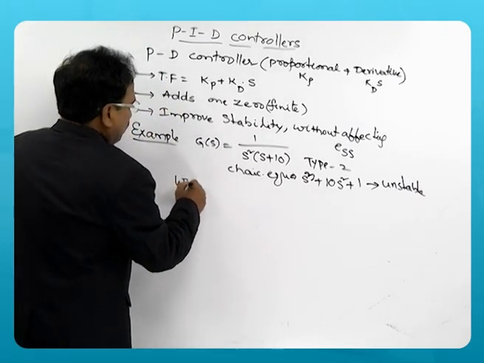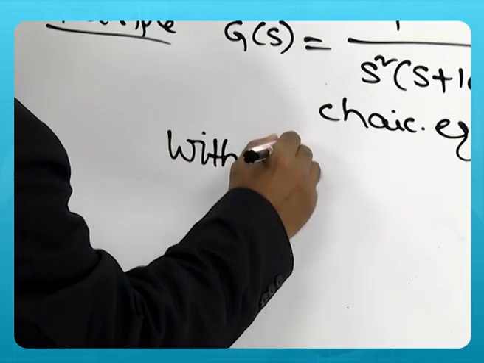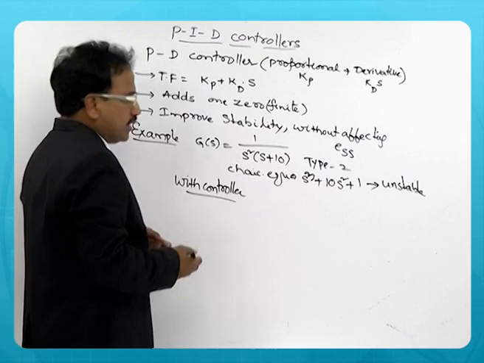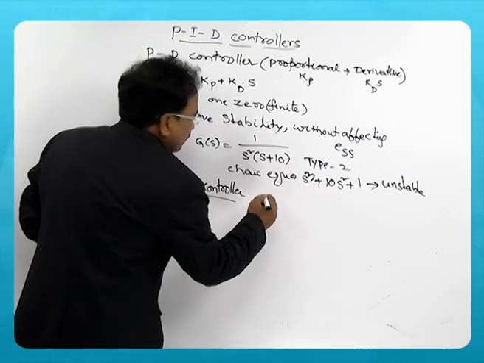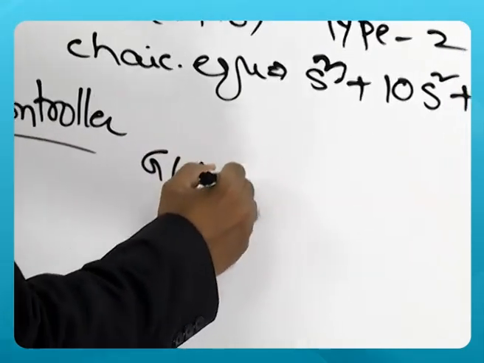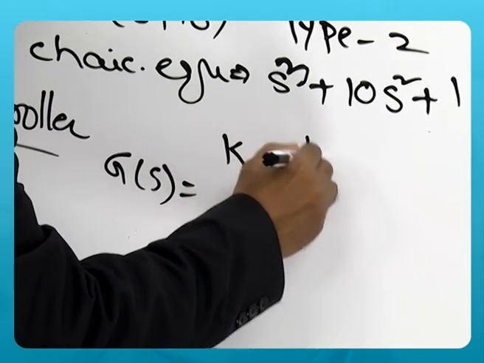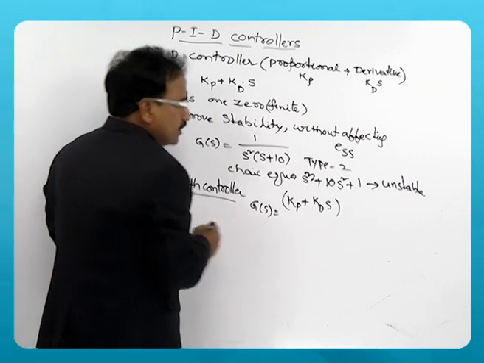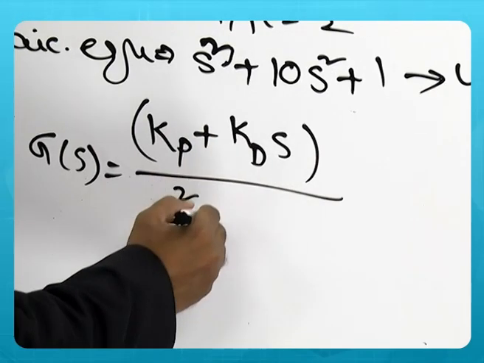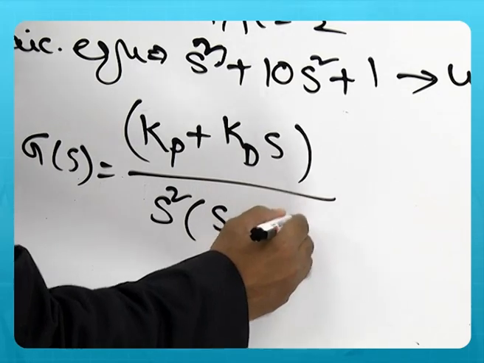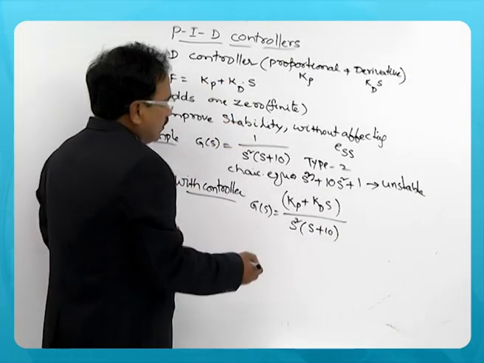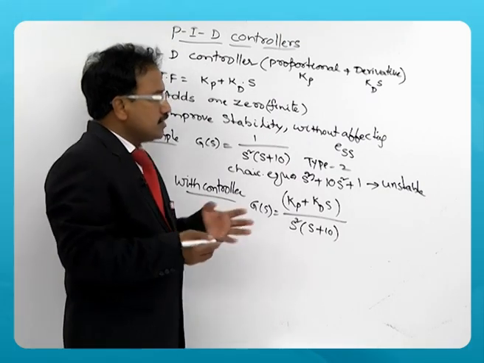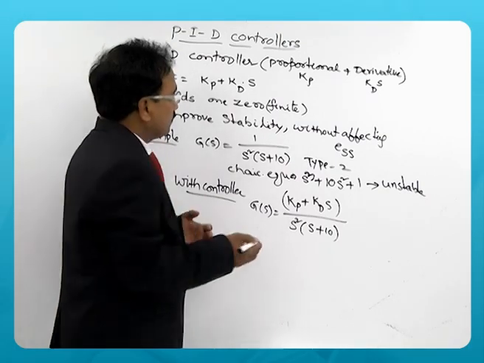Now with the controller, this Kp plus Kd s, the function becomes Kp plus Kd into s, a finite zero added to the system, by s square into s plus 10. So the type number has no effect. That means steady state error is not affected.